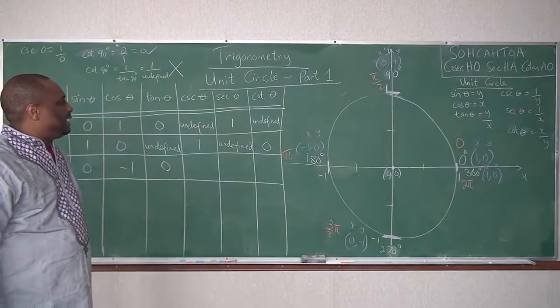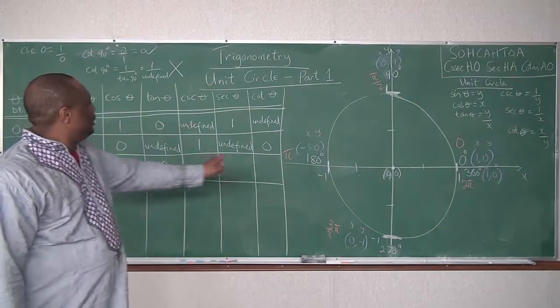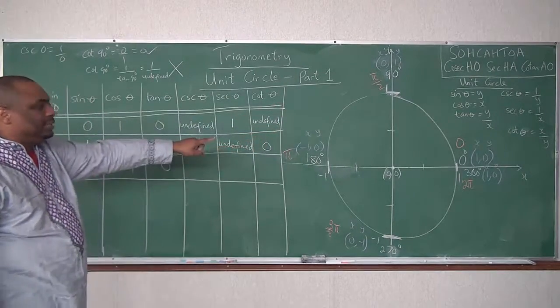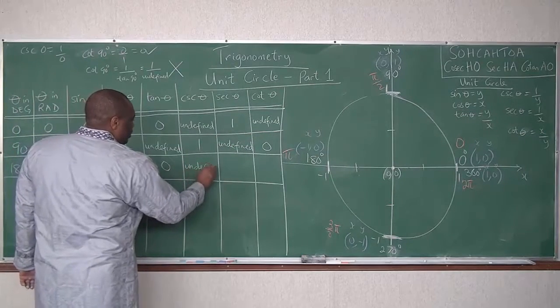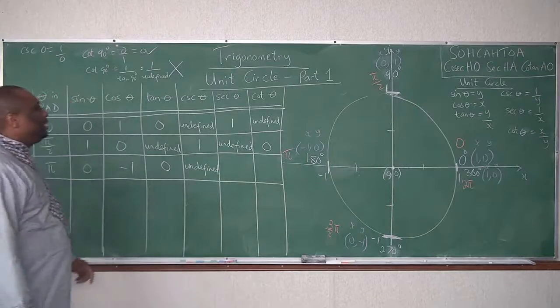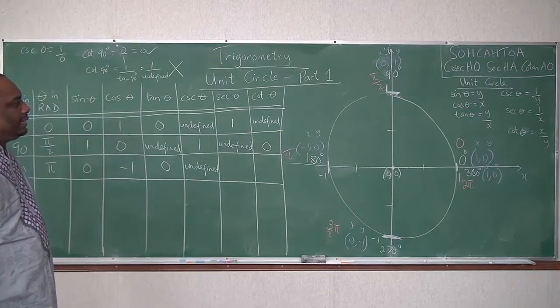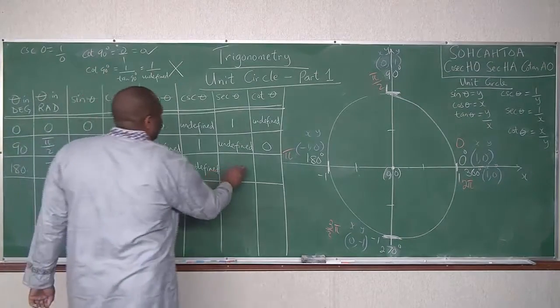Cosec 180 is 1 over y, which is 1 over 0, which is undefined. Sec 180 is 1 over x, which is 1 over negative 1, which is negative 1.